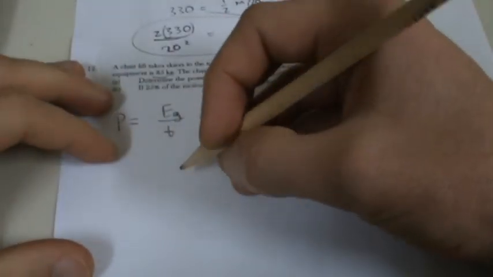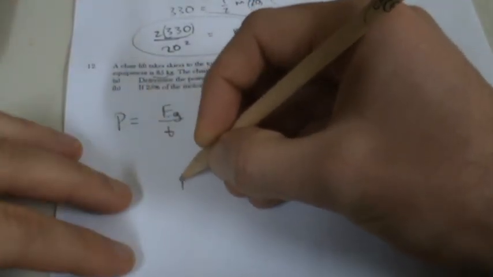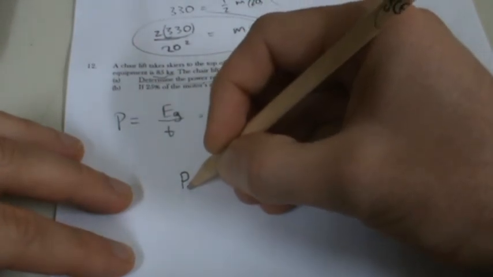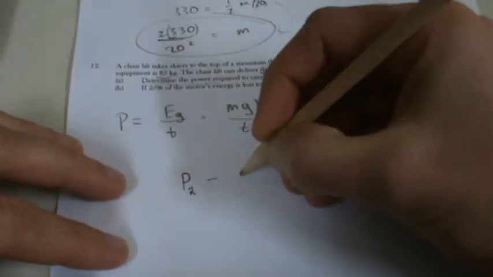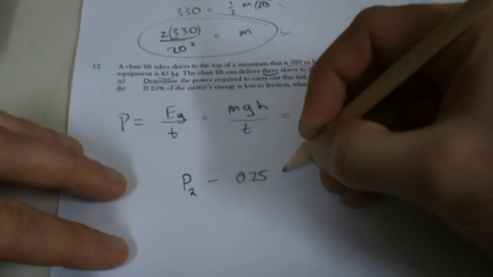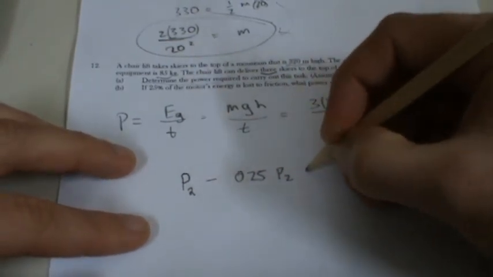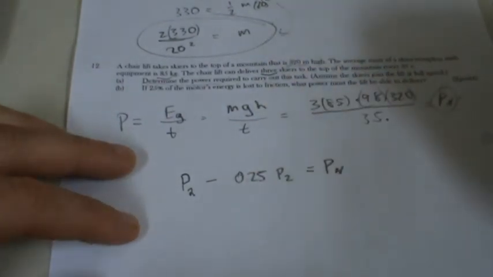But we know we need to make more power, so if we have some power, which I'll call power 2, and it loses 25% of this, minus 0.25 of this power, the leftover power should be the power that we need.